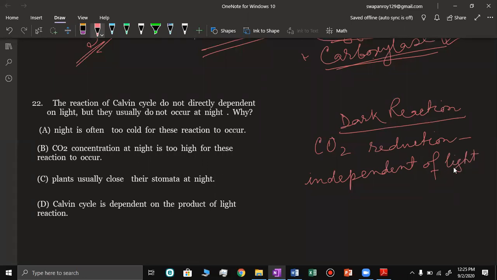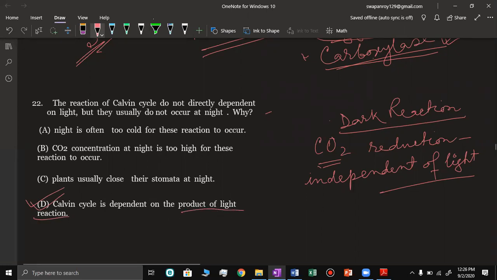It does not require light, but still this process of dark reaction, or the Calvin cycle, does not take place at night. It takes place only during the daytime. So what is the cause of this? The cause is that the Calvin cycle is dependent on the products of the light reaction.